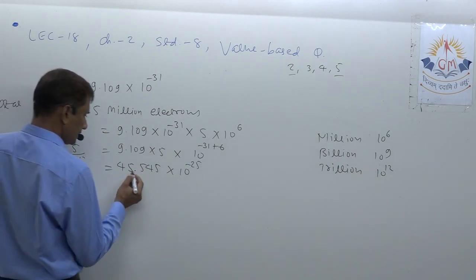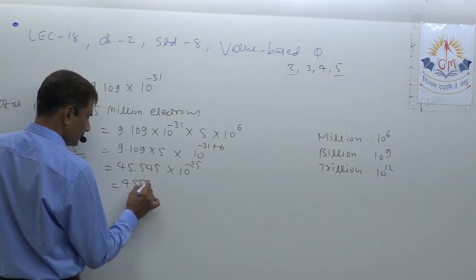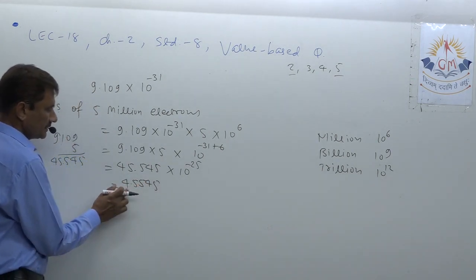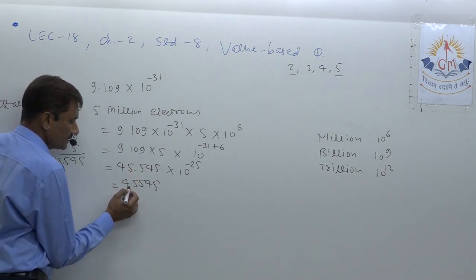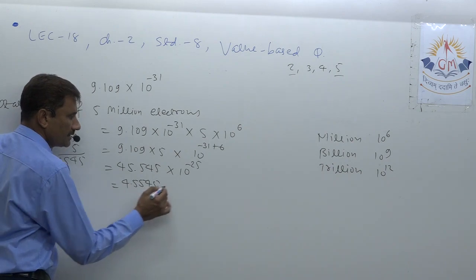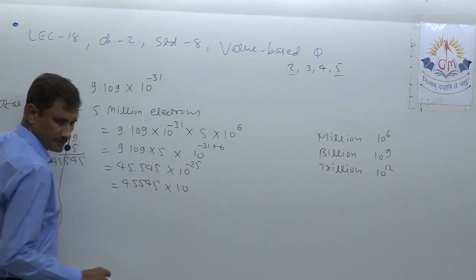So just adjust it this way, because one digit should be there only, not more than 1. So you divide it by 10, and you multiply by 10 again. So it will be minus 24.